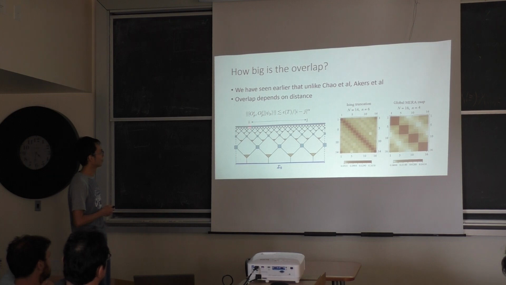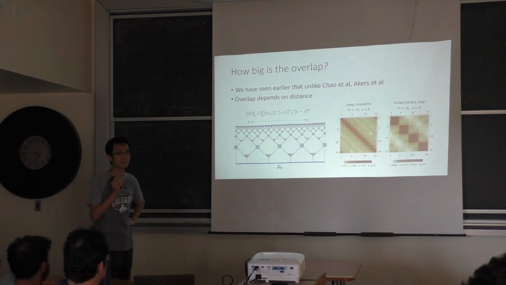Let's say I take some operator in this patch, and I look at the overlap with some operator over there in the other patch. Their size is going to be of order epsilon divided by some power law function that depends on the separation between these two sites.